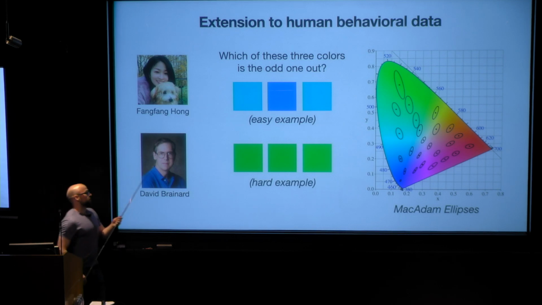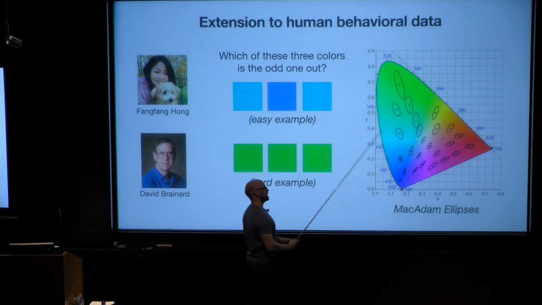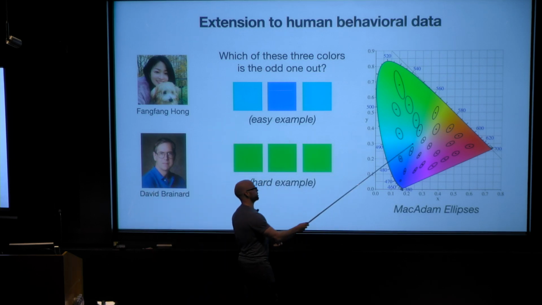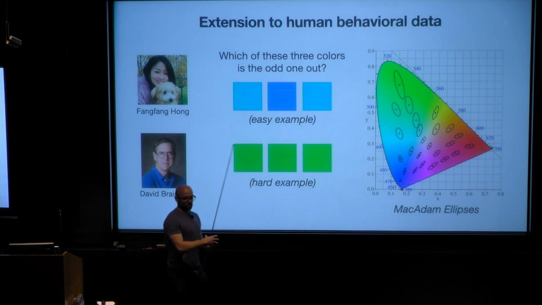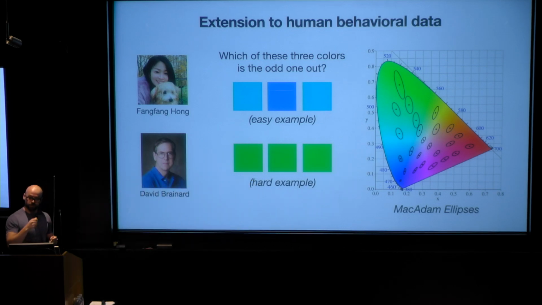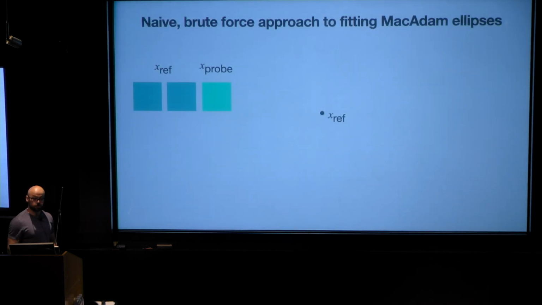Okay? So this is another example where we get these elliptical fits to local discrimination performance, and we believe that these ellipses are changing smoothly as you vary the stimulus. And you can fit these ellipses not to neural data, but to human behavioral judgments.